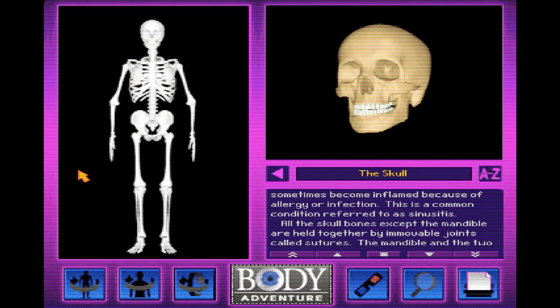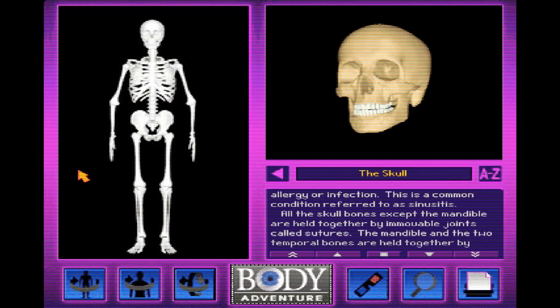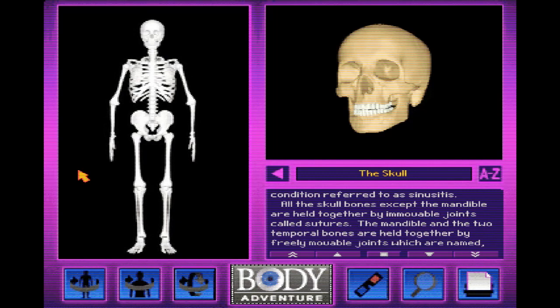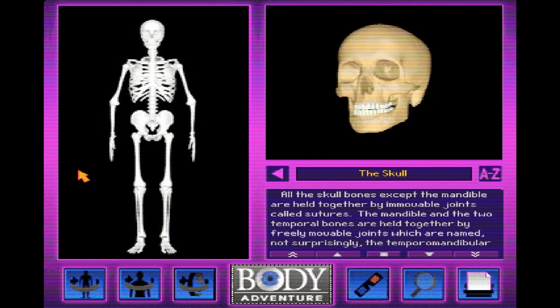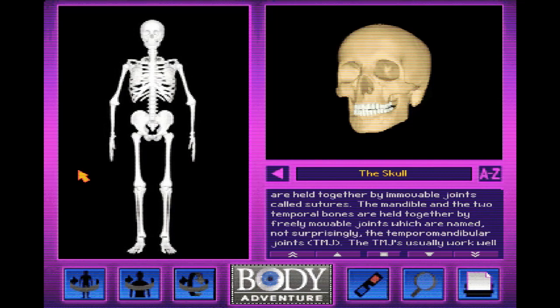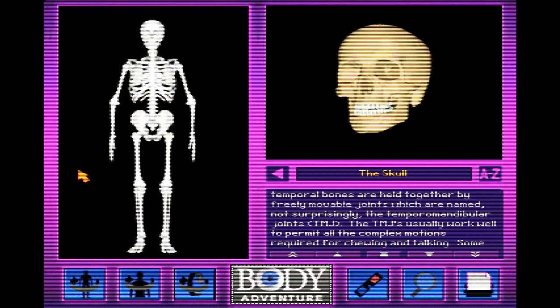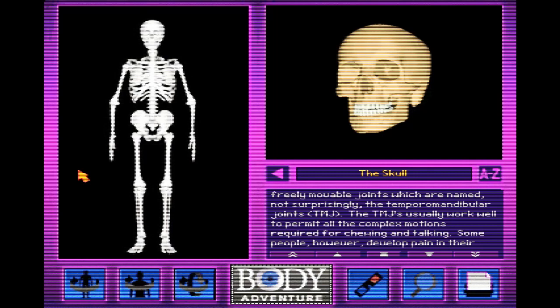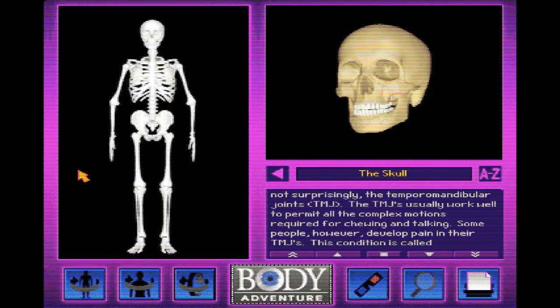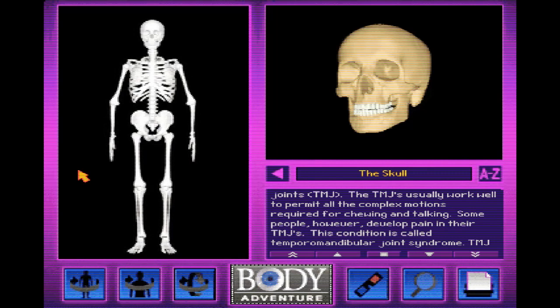All the skull bones, except the mandible, are held together by immovable joints called sutures. The mandible and the 2 temporal bones are held together by freely movable joints, which are named, not surprisingly, the temporomandibular joints, TMJ. The TMJs usually work well to permit all the complex motions required for chewing and talking.